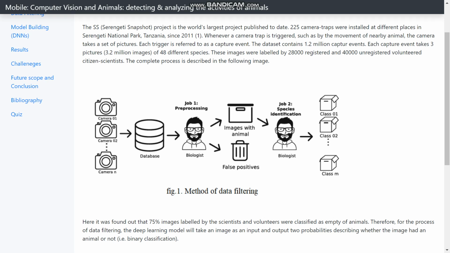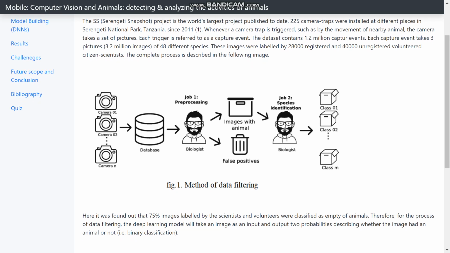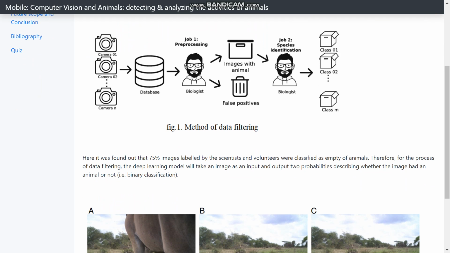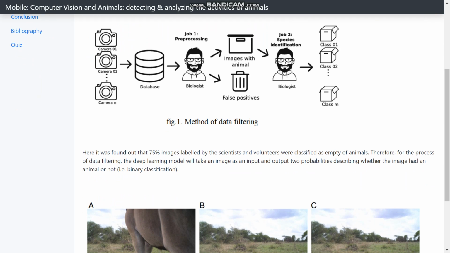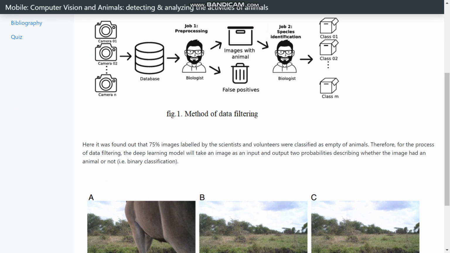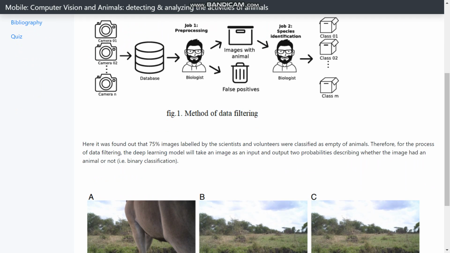We don't need the empty ones. After that, the biologists again classify the images which contain animals into 48 different classes, because there were 48 different species. About 75% of images labeled by scientists and volunteers were classified as empty, which don't contain an animal.